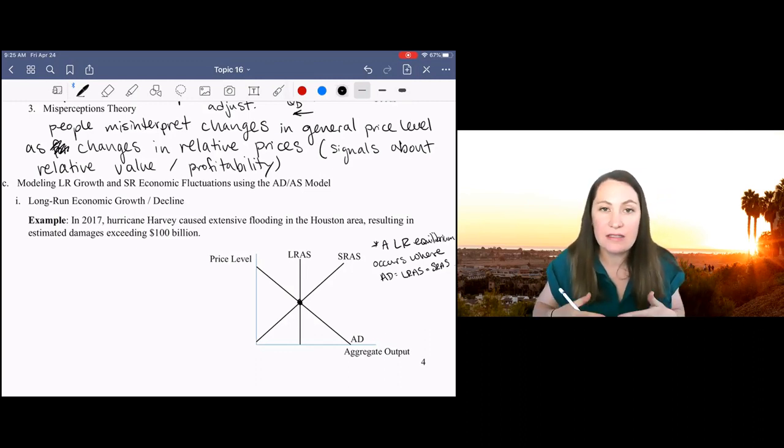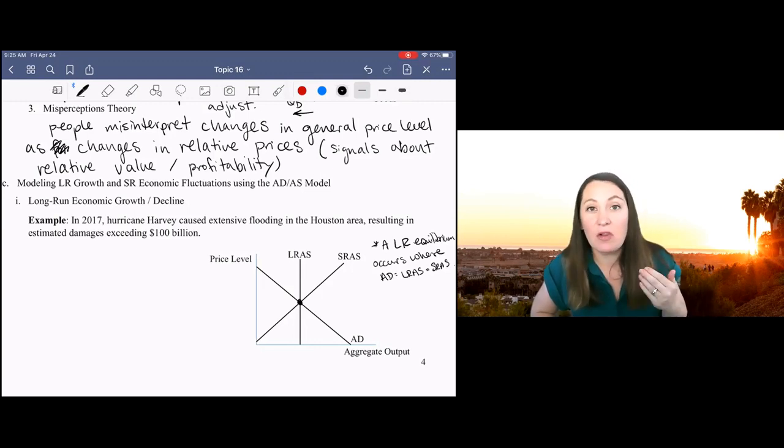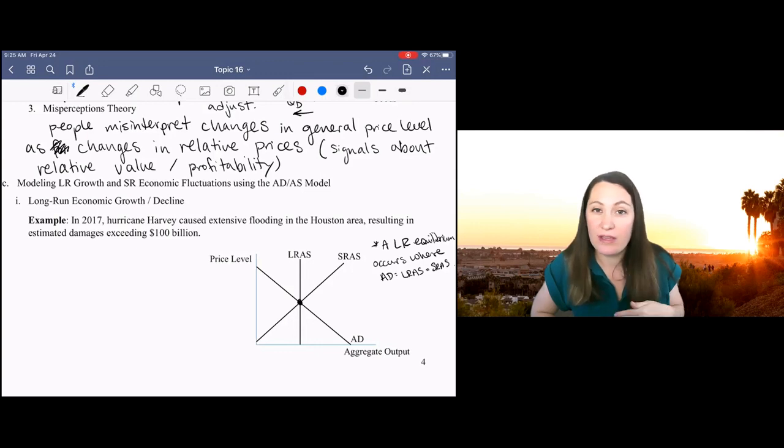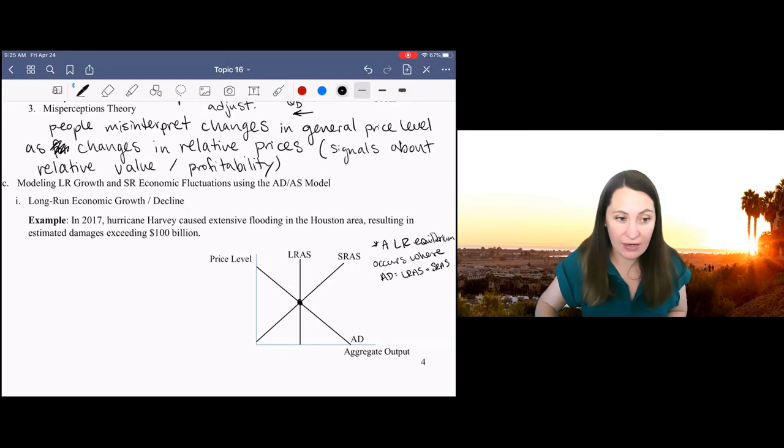And we want to start to think about how different events will affect the economy. So we're going to start by thinking about long run growth and decline, or shifts in the long run aggregate supply curve. So think about what could happen that would shift the long run aggregate supply curve.